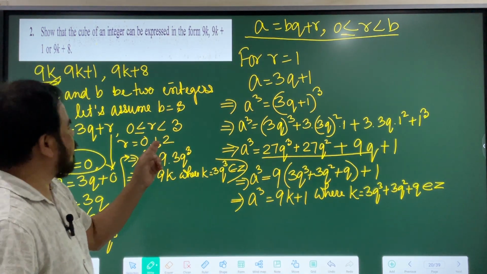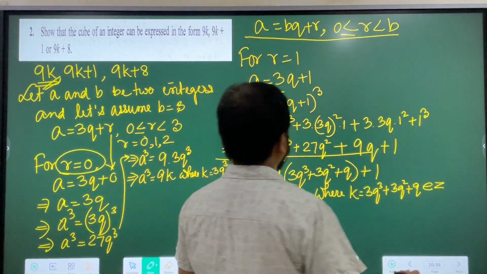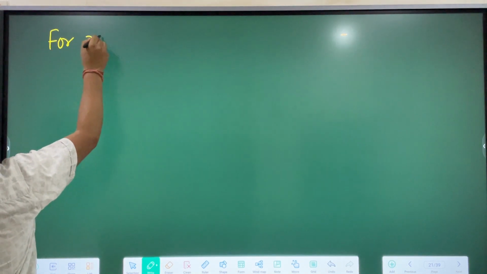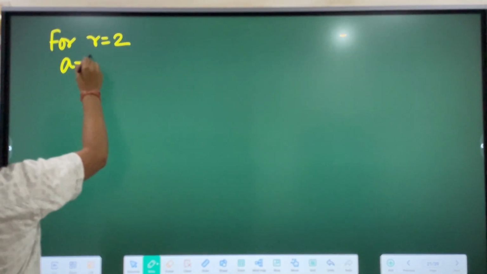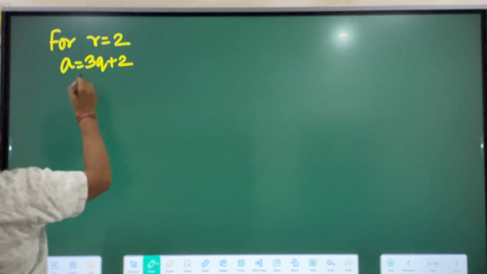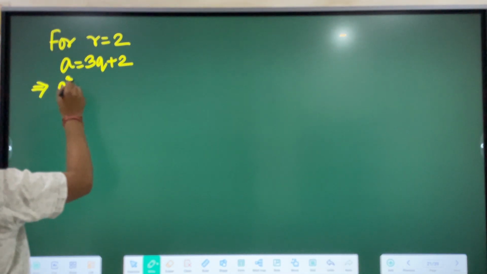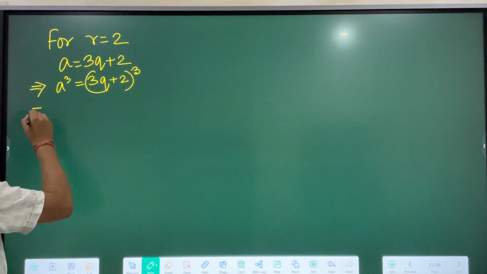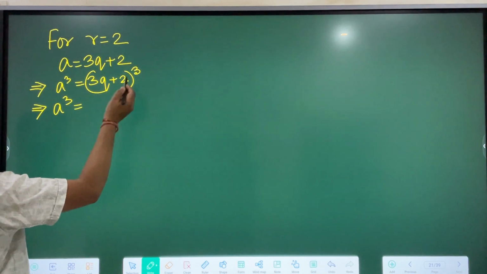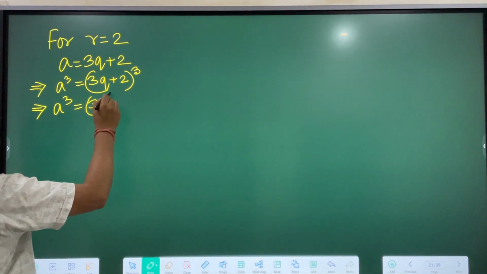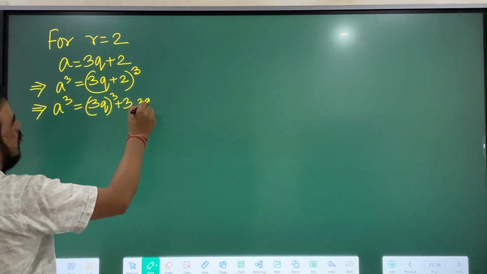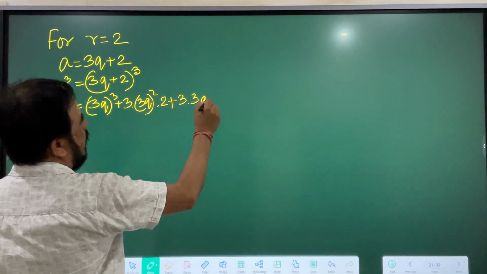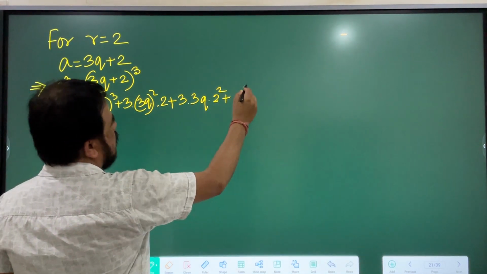Now r equals 2 is left. We will do r equals 2. For r equals 2, a is equal to 3q plus 2. So here also we will do cubing both sides. a cube, (a plus b) whole cube: a cube plus 3a square b plus 3ab square plus b cube.